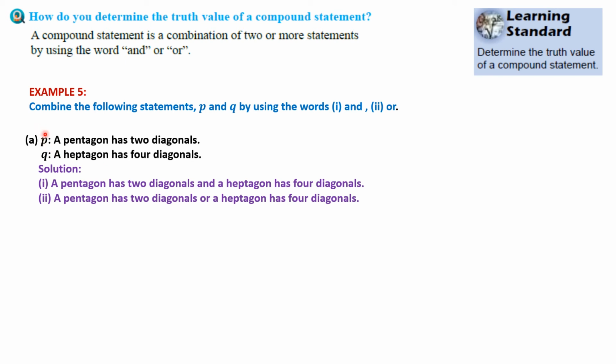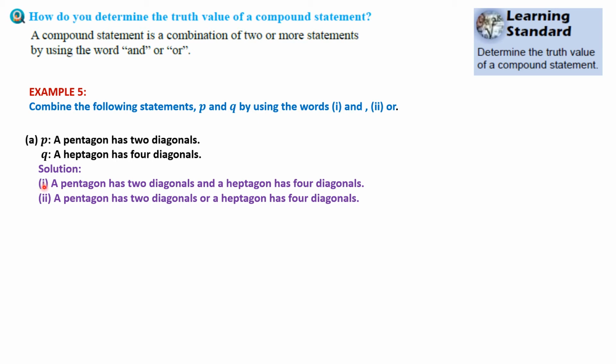Now we look at question A. For statement P, the statement is a pentagon has two diagonals. For statement Q, a heptagon has four diagonals. So how do you combine these two statements into a compound statement?